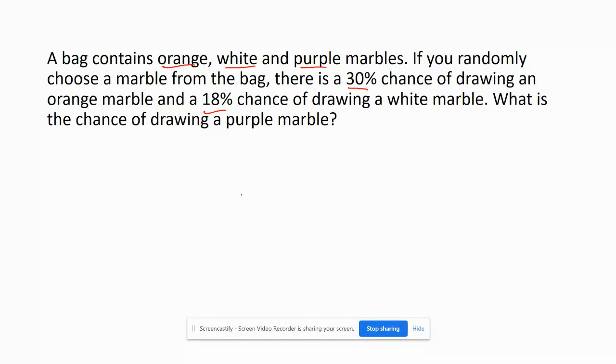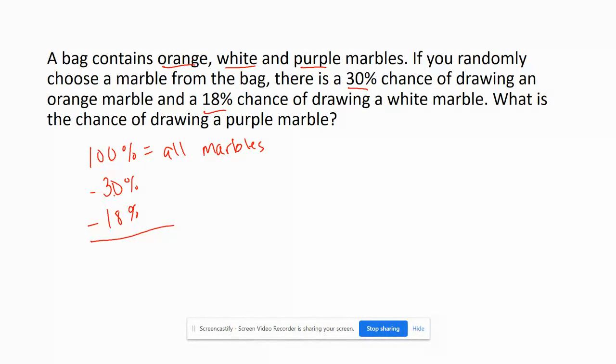Now, we have to look at the total percent. What will be the total percent of all the marbles in the bag? Of course, that would be 100%, right? All marbles. Now, if we take away the 30% chance of drawing the orange marbles, and we also take away the 18% of the white marbles, we will be left with our purple marbles.